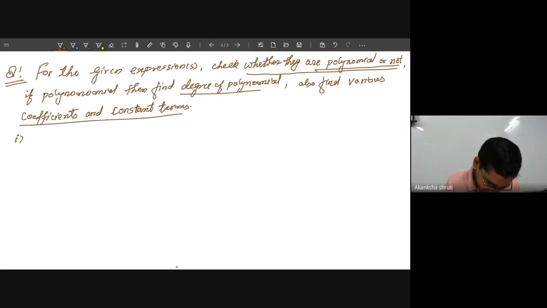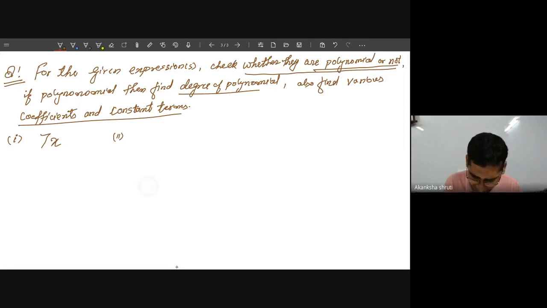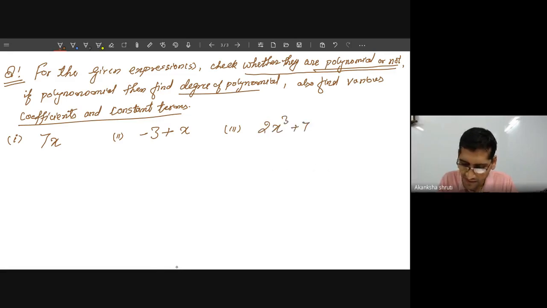So let us take the very first one as 7x, only one. The second one as minus of 3x, minus 3 plus x. The third one is 2x cube plus 7x. The fourth one is under root of 2x square plus x minus 3.